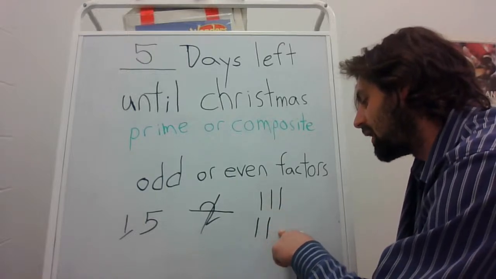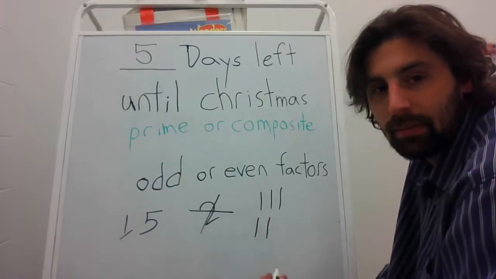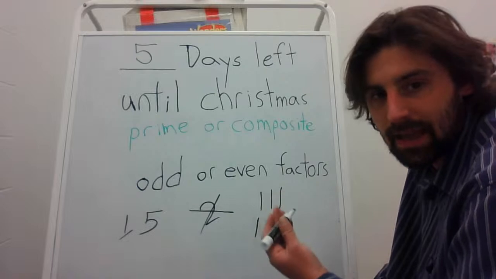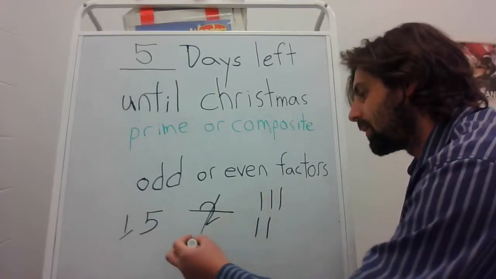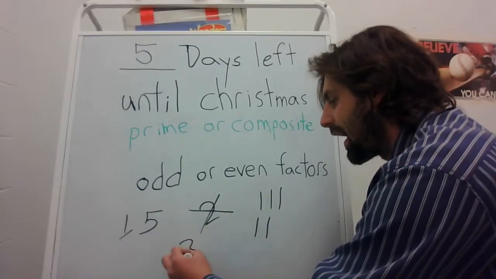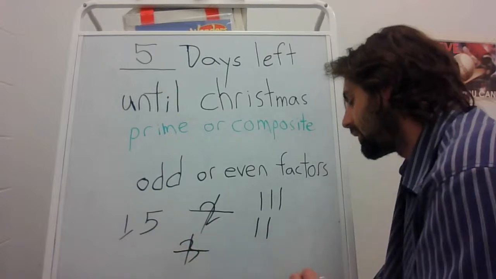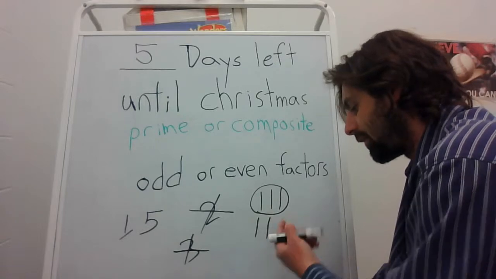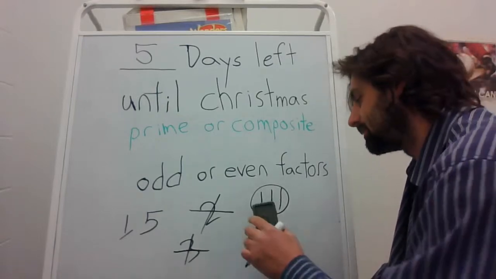I wasn't able to get equal groups of 3 within the number 5. If I make another tally, I'll have 2 equal groups of 3, but then I'll be at 6. So 3 is also not a factor of 5. 3 goes into 5 one time, and it's not even. I'd have a remainder there. All right.